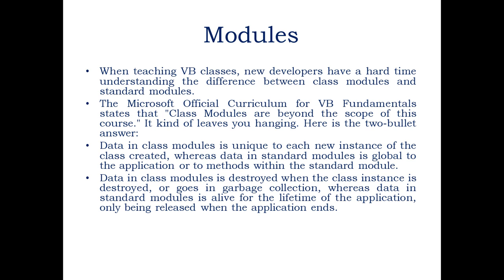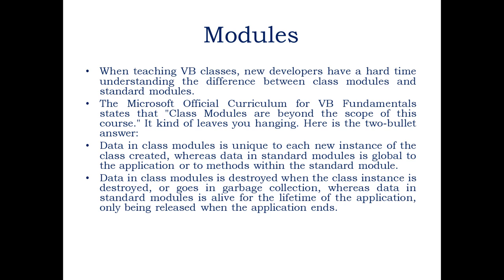Modules. When teaching VB classes, new developers have a hard time understanding the difference between class modules and standard modules. The Microsoft Official Curriculum for VB fundamentals states that class modules are beyond the scope of this course. It kind of leaves you hanging. Here is the two-bullet answer. Data in class modules is unique to each new instance of the class created, whereas the data in standard modules is global to the application or to methods within the standard module.